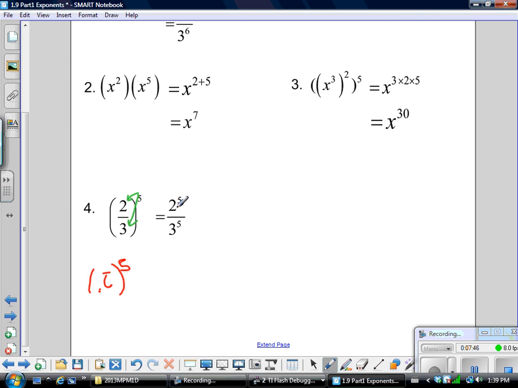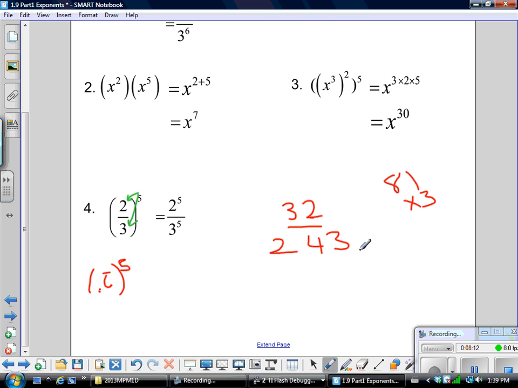Whereas if I have 2 to the power of 5, let's take our calculator. 2 to the power of 5 is going to be, I believe, 32. And 3 to the power of 5 is 81 times 3. So that's going to be 243. Okay, so if you notice, that is much easier to work with.